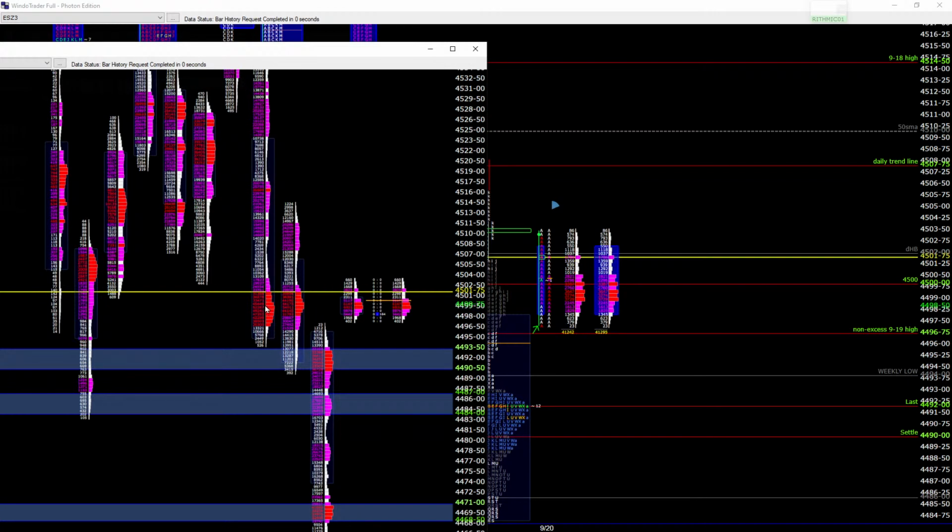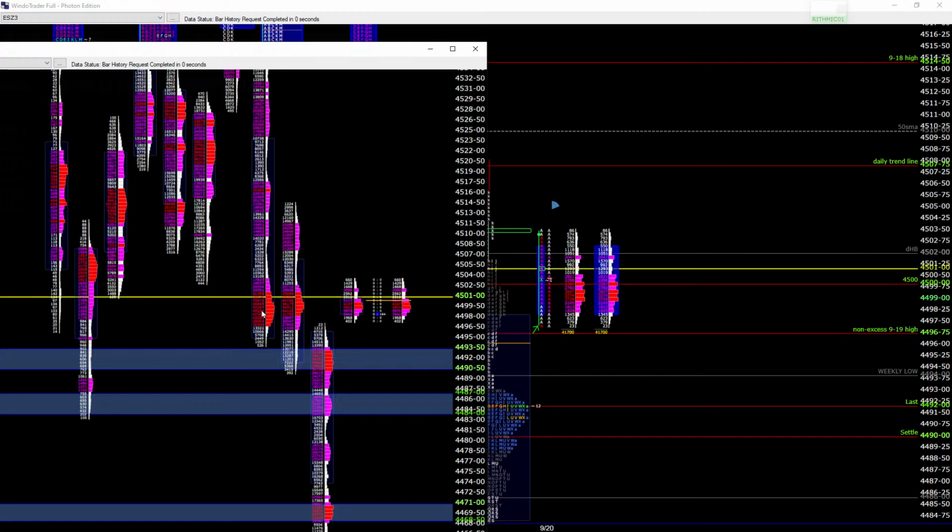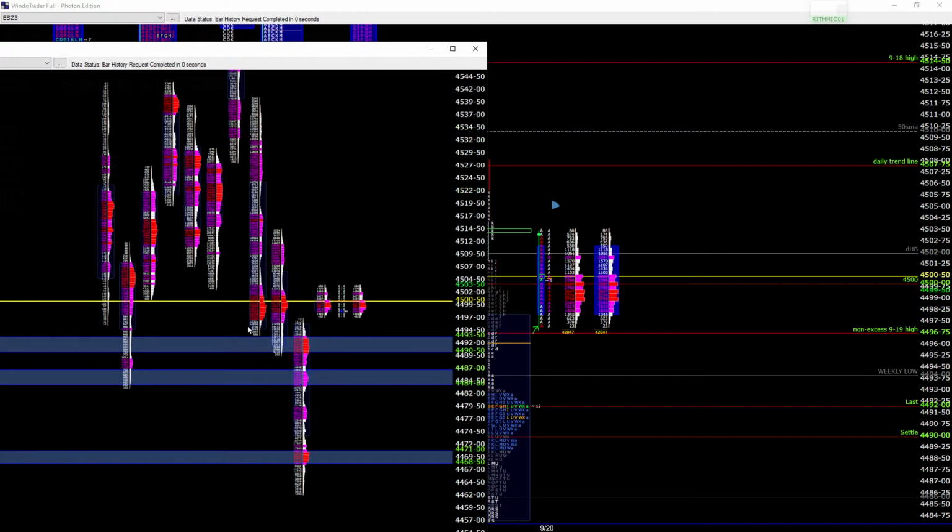Now it's adding value here, just on top of this level. So there's a lot of volume in this area. This day here, which was Friday, has a tremendous amount of volume here, here, and here.